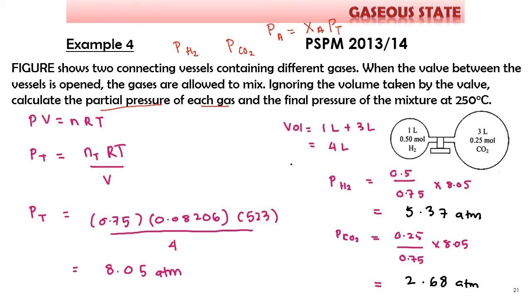If you want to use this formula, it means we need to find P total first.